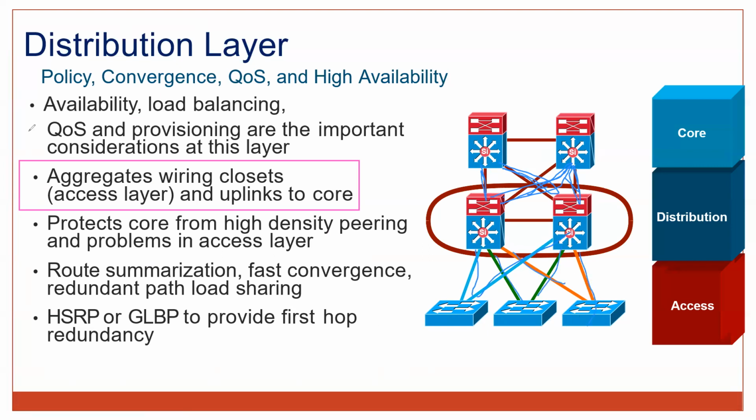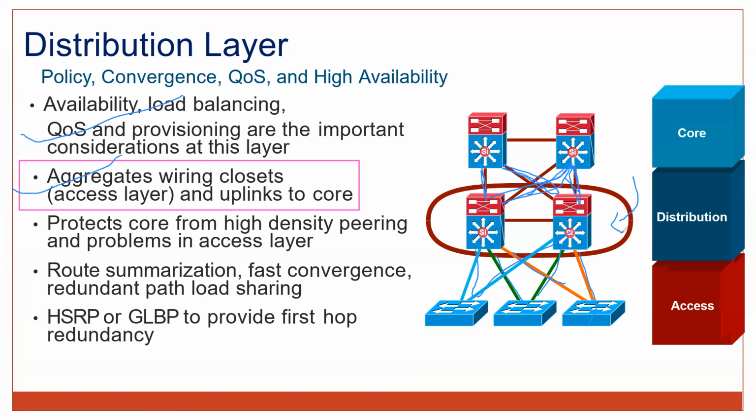You can provide QoS configuration. It will work as an aggregator because so many interfaces will connect here. Maybe hundreds of switches will connect here to the distribution layer switch. That's why, when you are selecting distribution layer switch hardware, you should consider the port density as well.